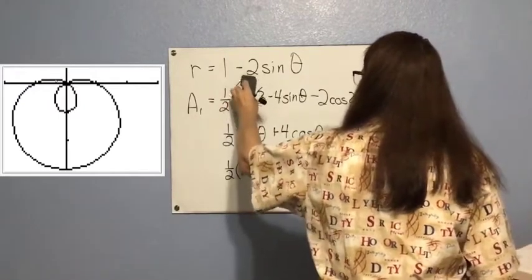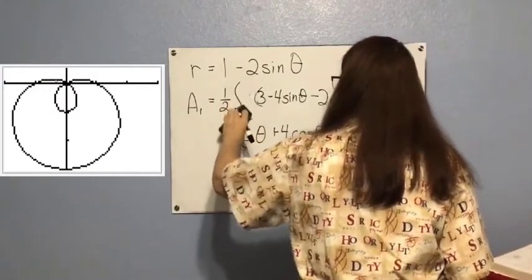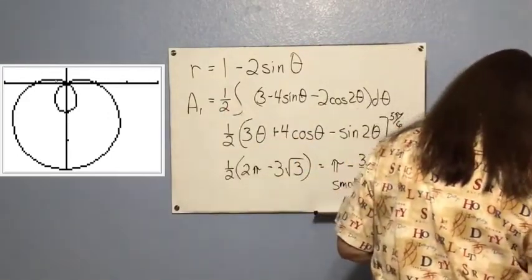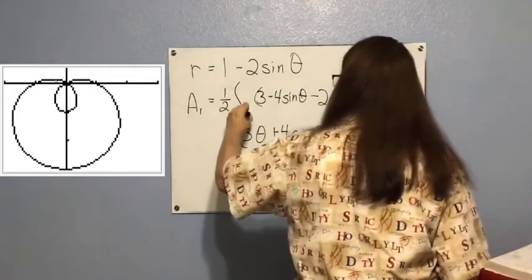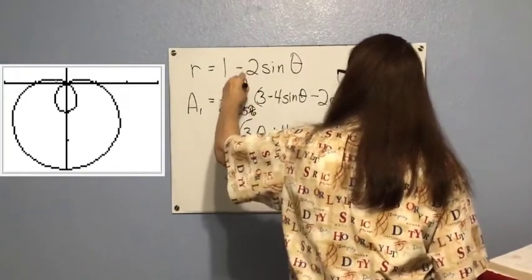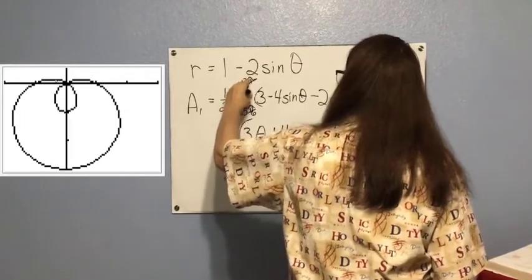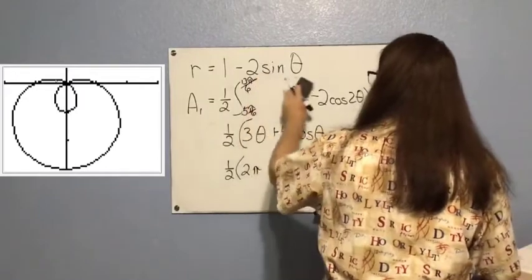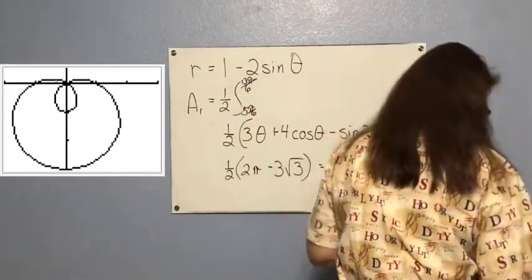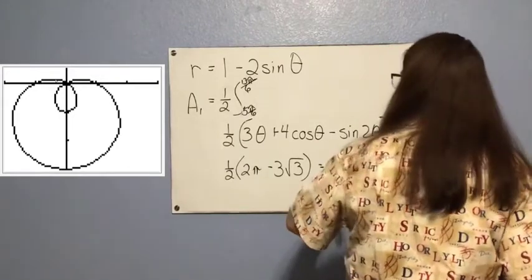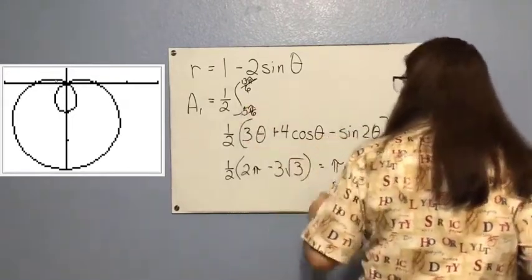And we could change this from 5 pi over 6 to 13 pi over 6, and I'm not going to go through all of that again. But this is the area inside the outer loop.